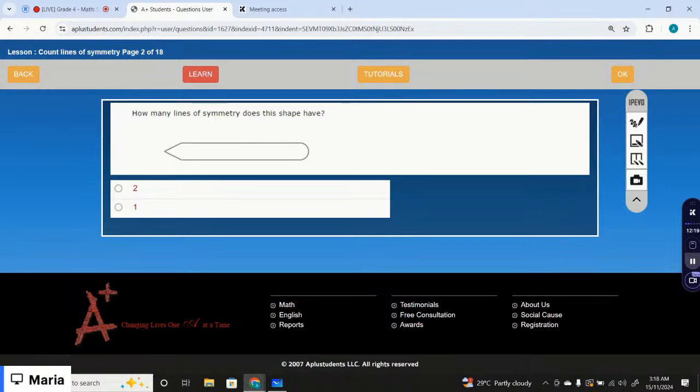How many lines of symmetry does this shape have? Which is the correct option?